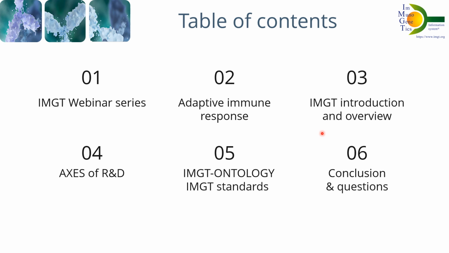We'll then navigate into the IMGT portal, before moving over to explore the three main areas of research and development within IMGT. In the second part of this webinar, we'll discuss the IMGT ontology and the main IMGT standards, and our goal is to conclude these topics within the next 50 minutes or so.